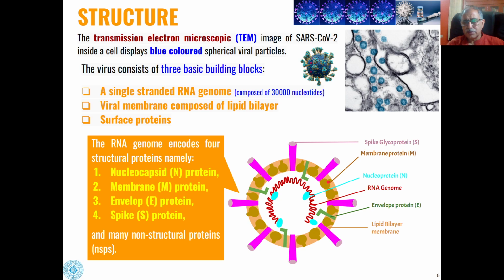This is our membrane protein M, followed by envelope protein E. These types of proteins are called envelope proteins, and then spike proteins. These are present on the lipid bilayer and are called spike proteins. In addition to these structural proteins, there are many non-structural proteins present in the virus.